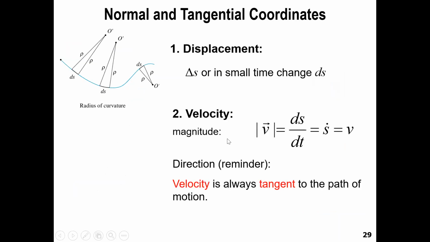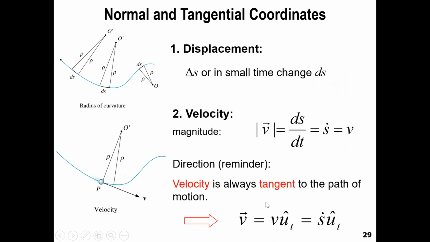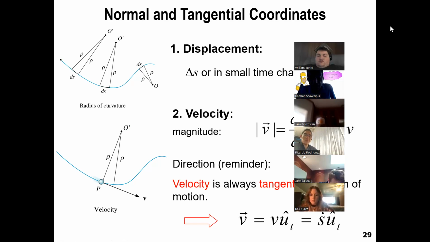So you can use that and express it like this: the magnitude times the unit vector. So v is the magnitude that we get from here, times the unit vector. You just need one vector to explain your velocity, and it's the tangent unit vector. Does that make sense? Isn't it nicer? You don't have x and y, because sometimes x and y don't give you physical meaning, right?